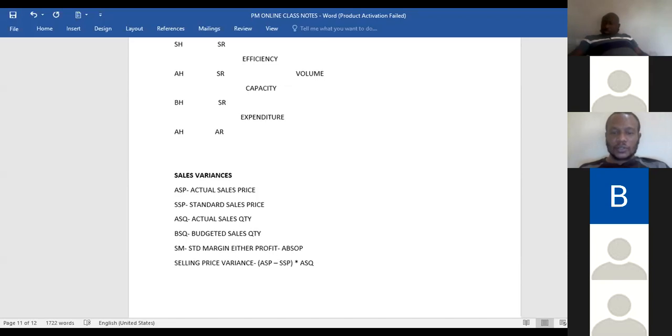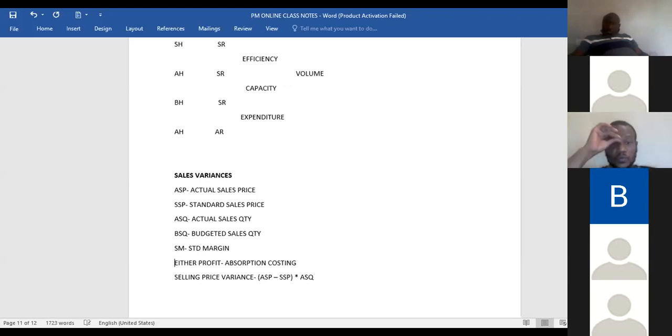So it'll be either profit for absorption costing or contribution if we're looking at marginal costing. Okay, so that's that.